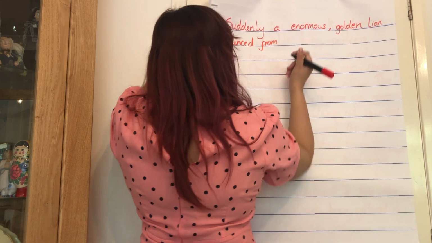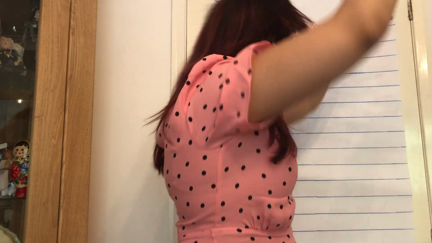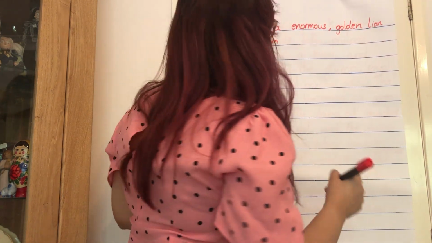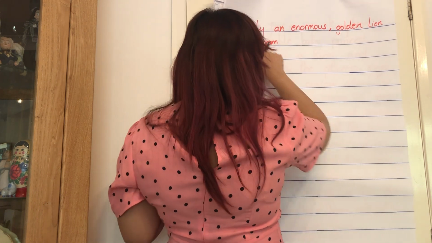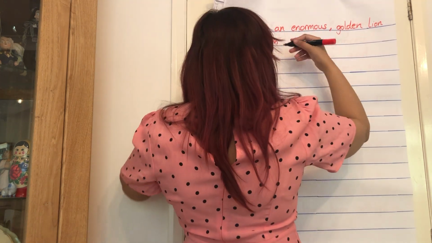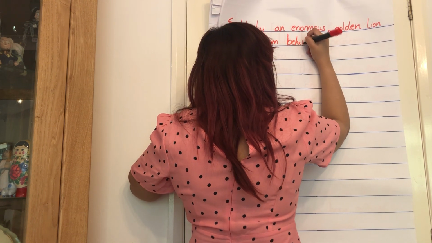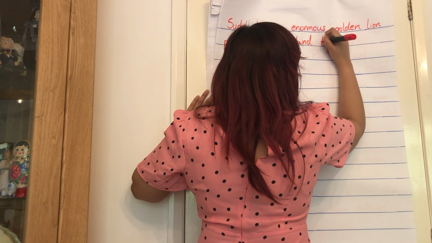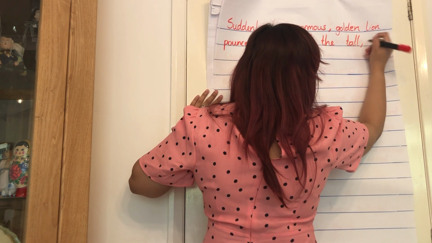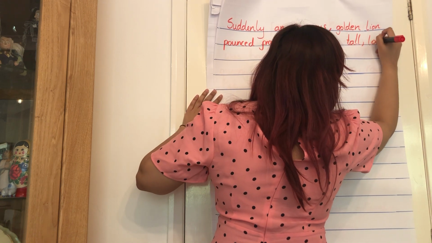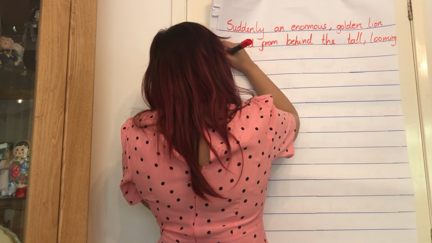What are there lots of in forests? There's lots of looming trees. So suddenly an enormous golden lion pounced from behind the tall, looming trees.